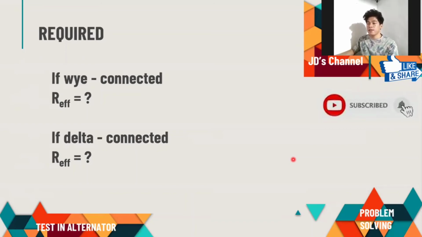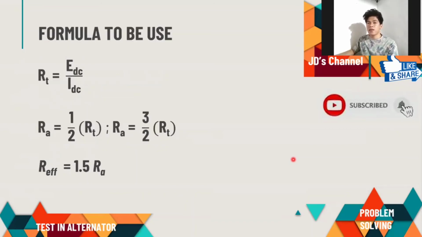Okay, so the next one is the formula to be used. It is the same as before. So our RT is the EDC over the IDC, and now there are two cases: RA is equal to 1/2 of RT if Y connected, and if delta, RA is equal to 3/2 multiplied by RT.